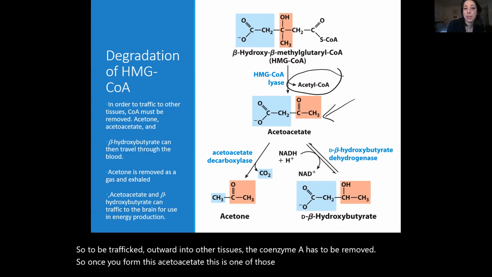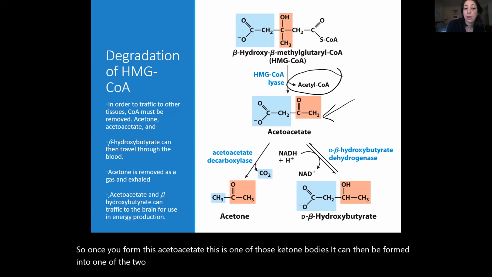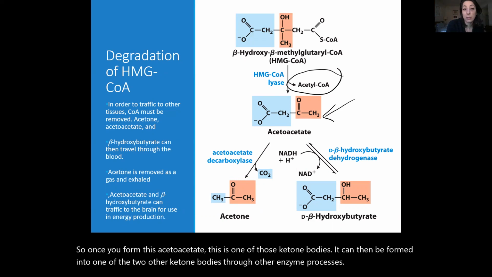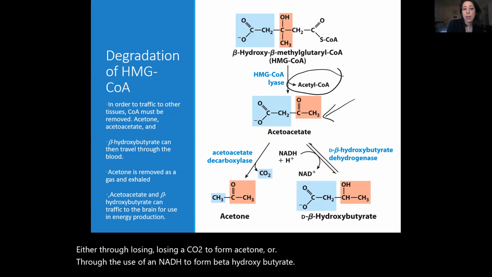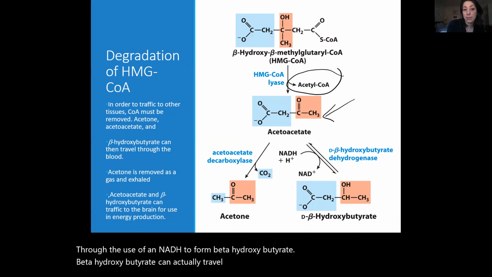It can then be formed into one of the two other ketone bodies through other enzyme processes, either through losing a CO2 to form acetone or through the use of an NADH to form beta hydroxybutyrate. Beta hydroxybutyrate can actually travel through the blood.